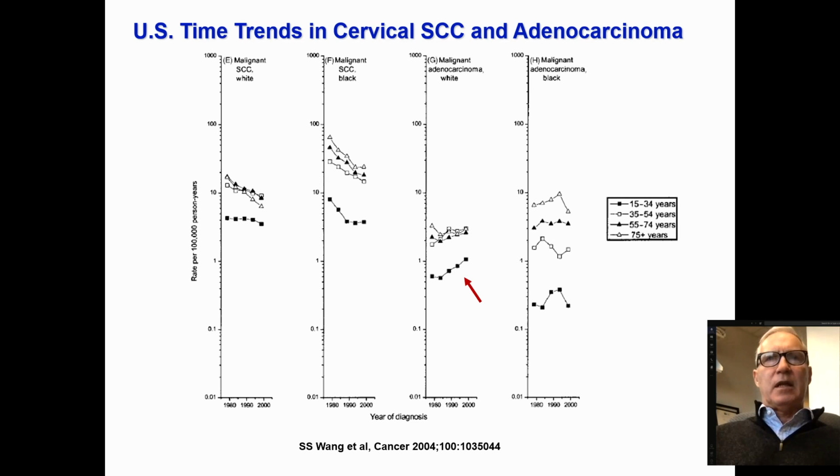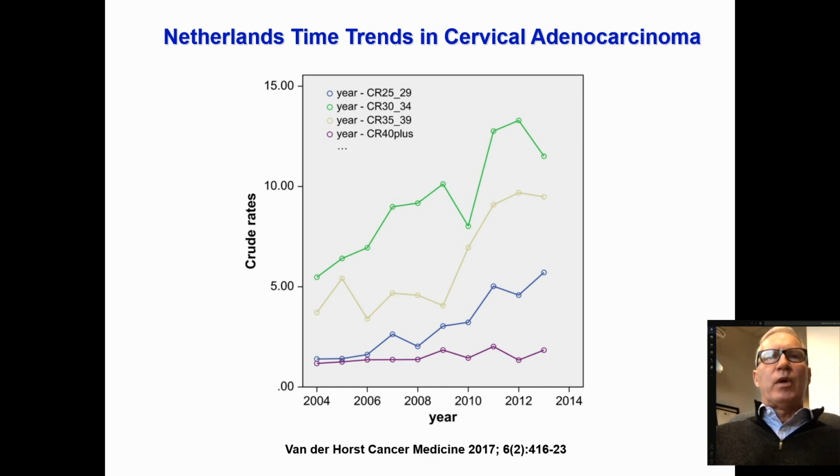And next slide. Just to give you one other example, this is more recent data from the Netherlands, where again, in women under 40, you can see that there's a substantial increase in the rate of adenocarcinoma, which to my knowledge has still remained unexplained.